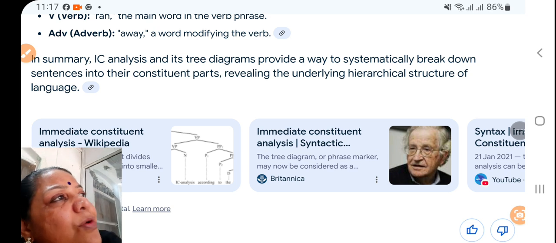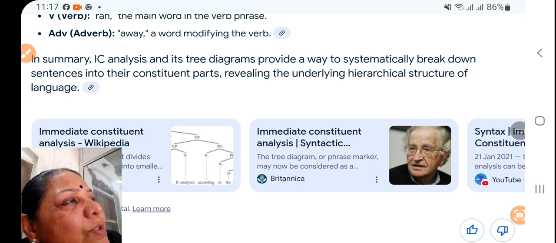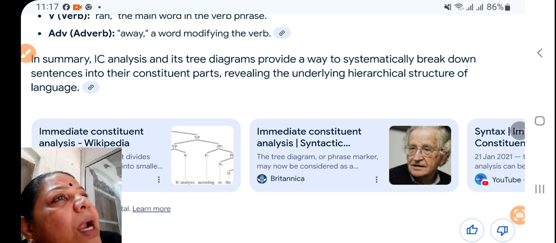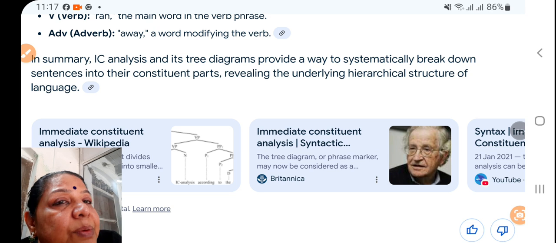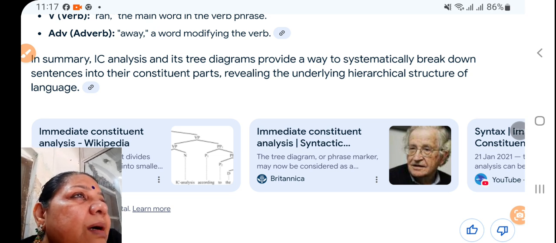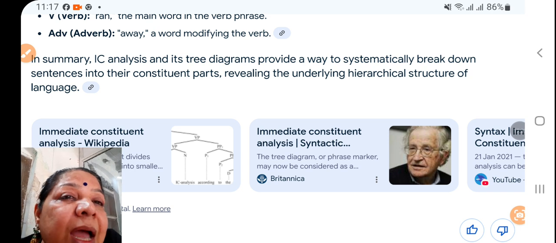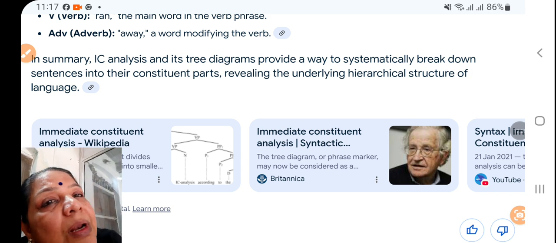Right from childhood we have learned that the word which qualifies a verb is called an adverb. Please take care: an adverb does not just qualify the verb. The word which qualifies a verb, an adverb itself, and an adjective is called an adverb.